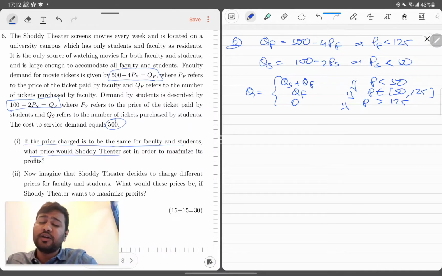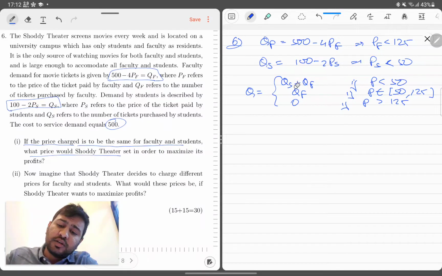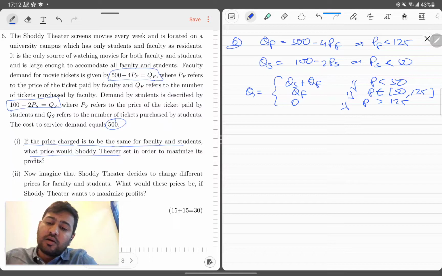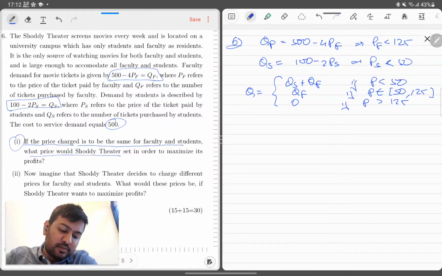So when it is greater than 125, nobody purchases it. You can just substitute these functions here now. QS plus QF is going to be 600 minus 6P.